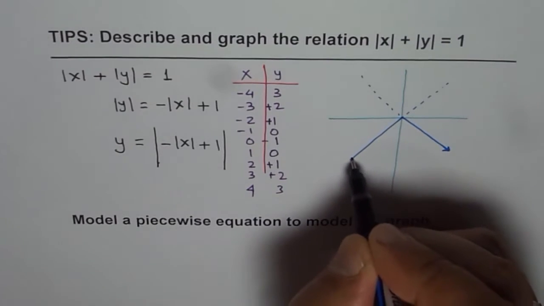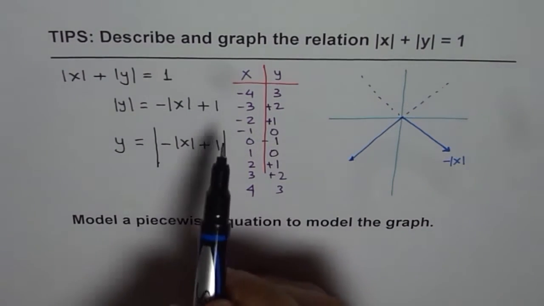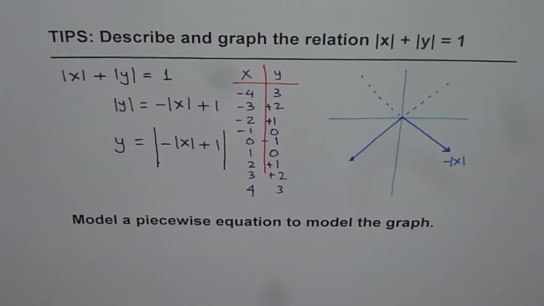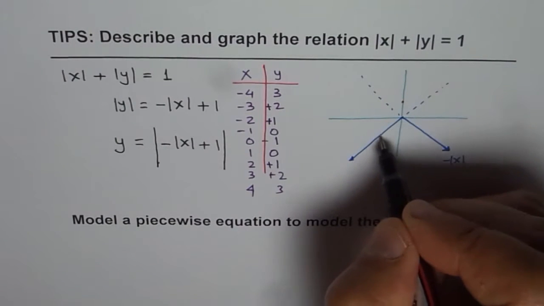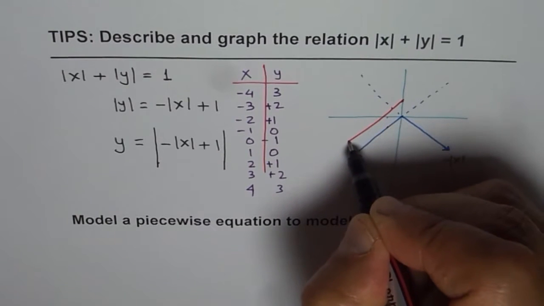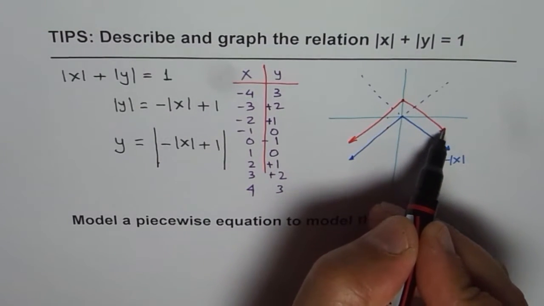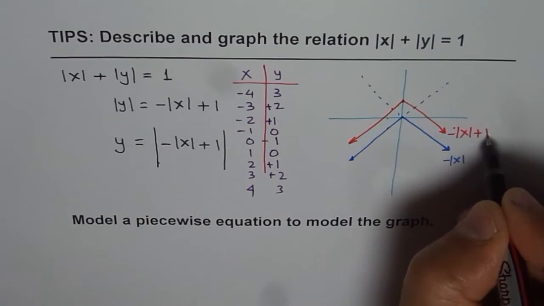That is minus absolute x. Now when you say minus absolute x plus 1, we move it one spot up, and every point goes one position up. So you get a function which is kind of like this. So this is minus absolute x plus 1.